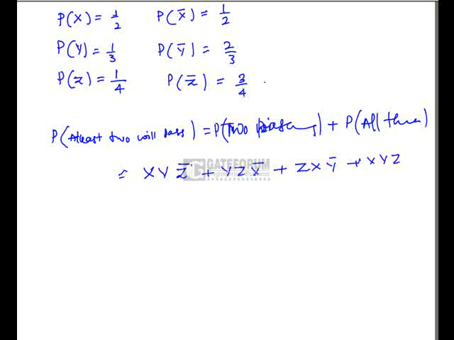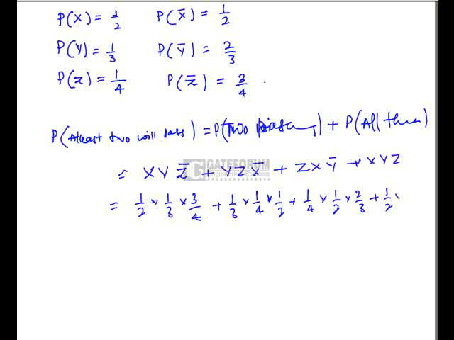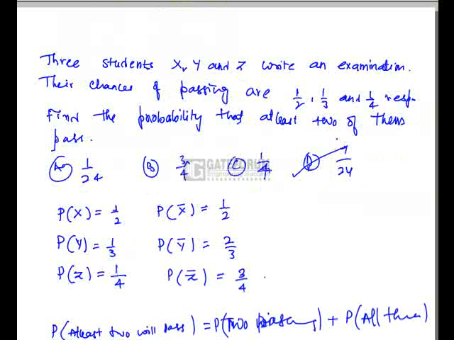Now let us substitute the probabilities: 1 by 2 into 1 by 3 into 3 by 4, plus 1 by 3 into 1 by 4 into 1 by 2, plus 1 by 4 into 1 by 2 into 2 by 3, plus 1 by 2 into 1 by 3 into 1 by 4. If we simplify, it will be 7 by 24.